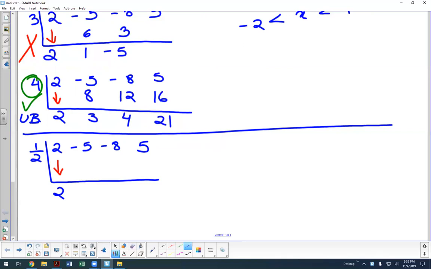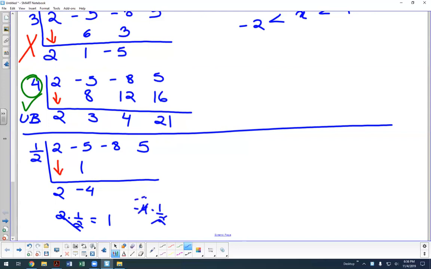Positive 1/2 works. It works? I think so. Okay, let's see. We're multiplying 2 with 1/2, so that ends up giving us 1. What's that, a -4? So we're multiplying -4 with 1/2. -2.